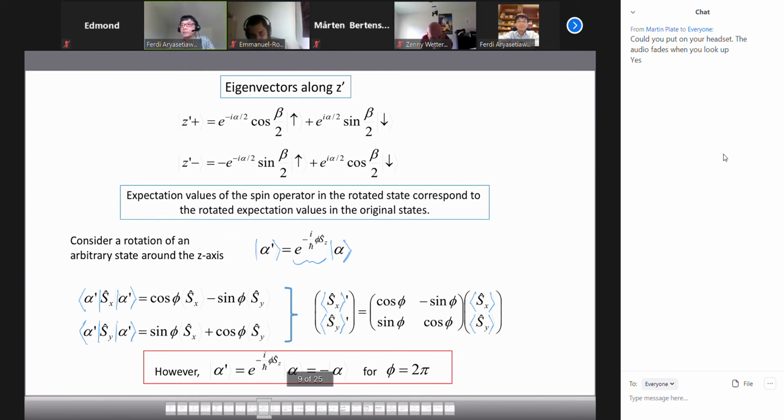So that's what we would expect from physical considerations. Okay, so let's try to do that. An exercise here.